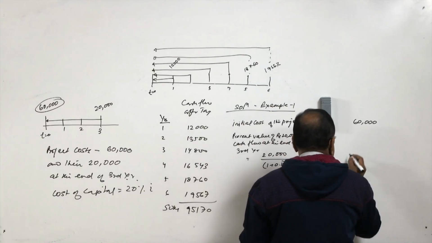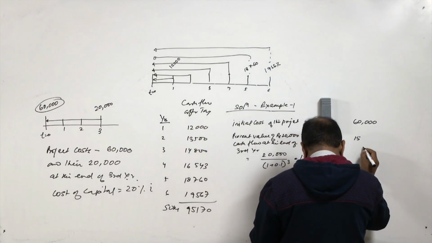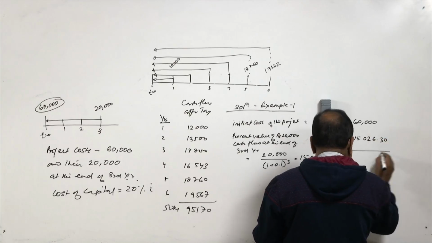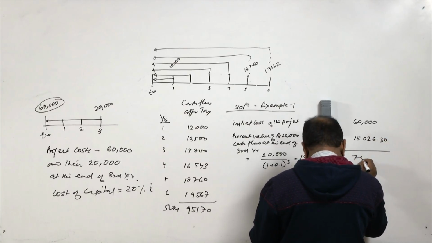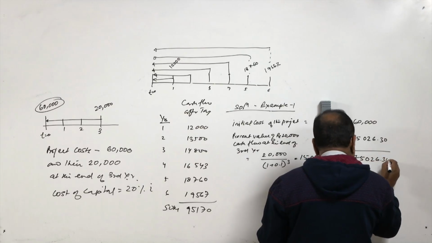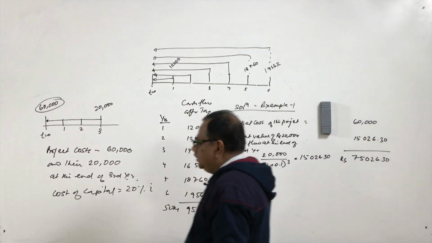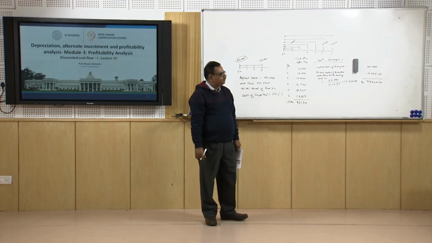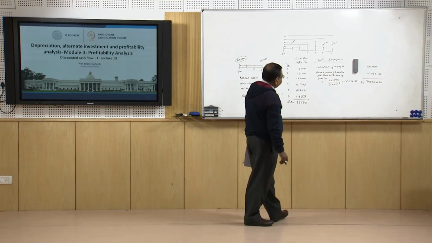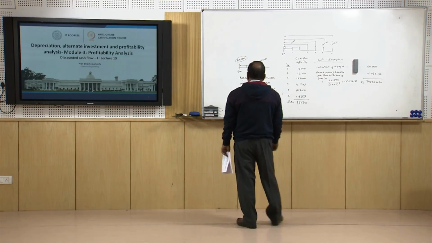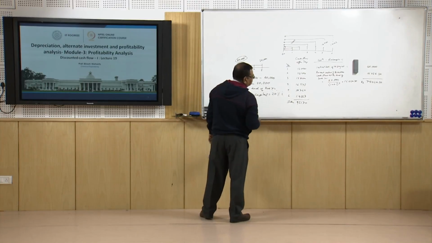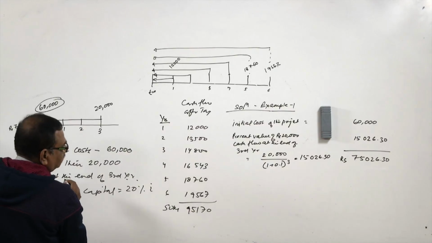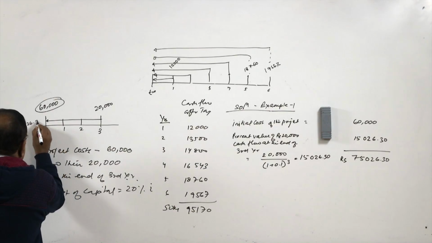So, I add here 15,026.30 to 60,000, this comes out to be 75,026.30. So, this is my investment in the present value term. So, this value here is rupees 75,026.30.